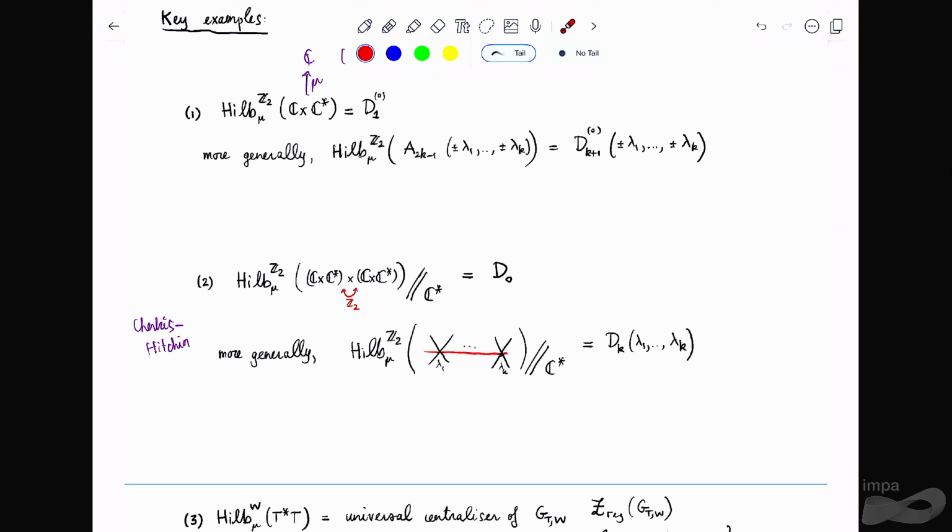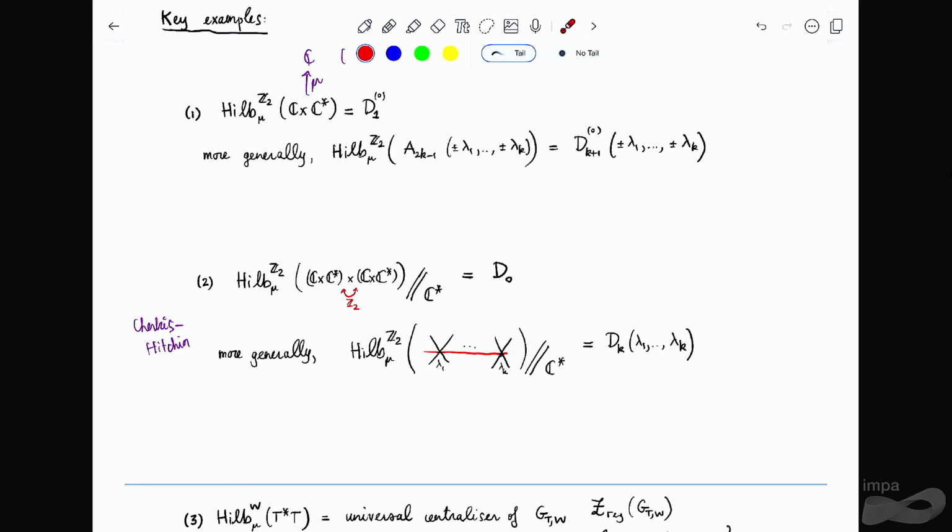Then you take a transverse Z2 equivariant Hilbert scheme, and you get a higher dimensional complex symplectic manifold with a complex symplectic action of C star, so you can take a further quotient to get down to the dimension that you want, and you check this is exactly the Atiyah-Hitchin manifold.